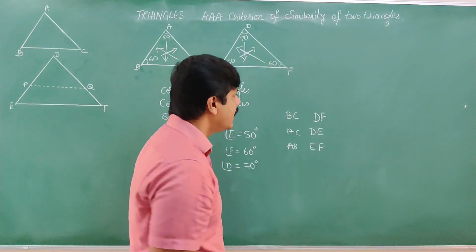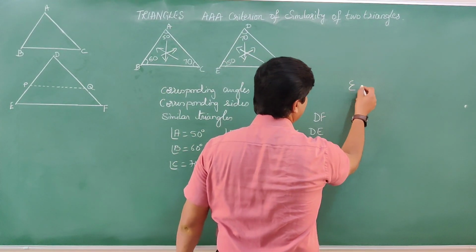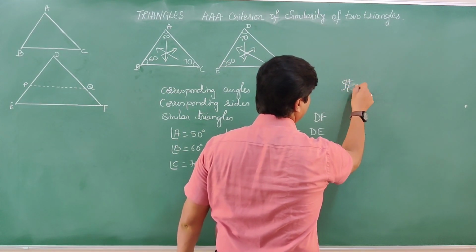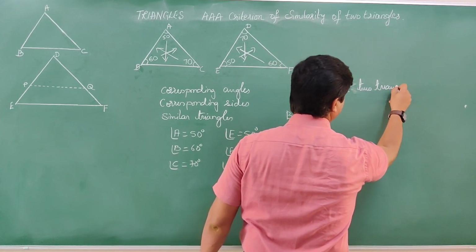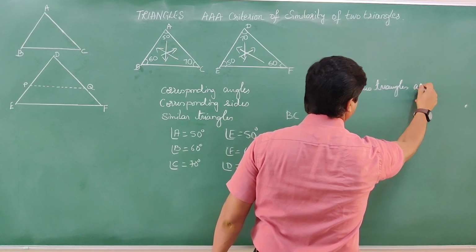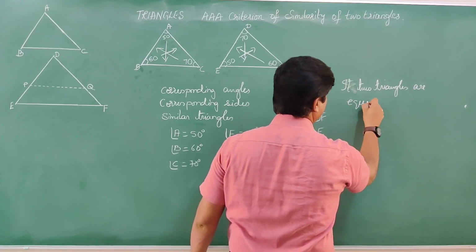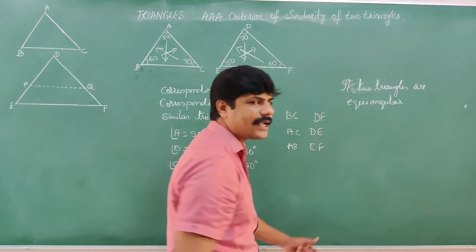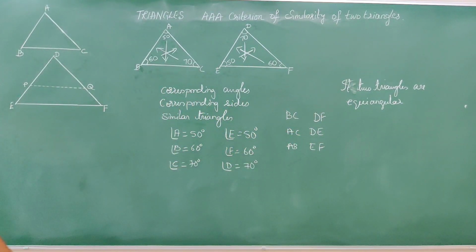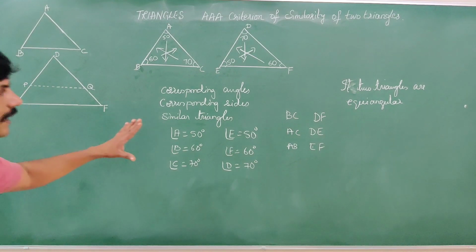If two triangles are equiangular, then they are called similar triangles.